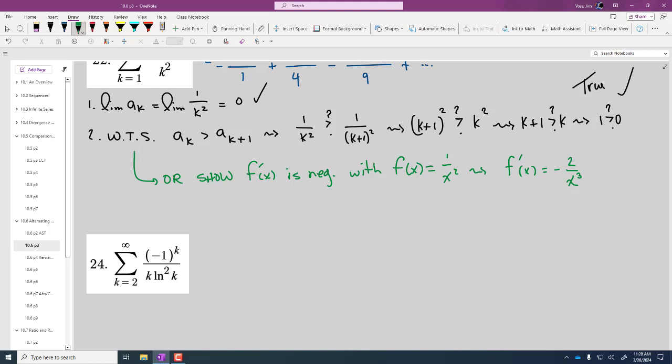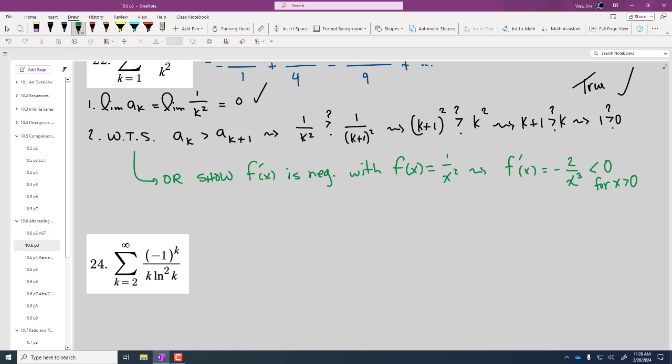Well, for us, the x's correspond to the k values. They're always positive. We're off to the right of the y-axis, so all the x's are positive. This is less than 0 for x greater than 0. That's true.